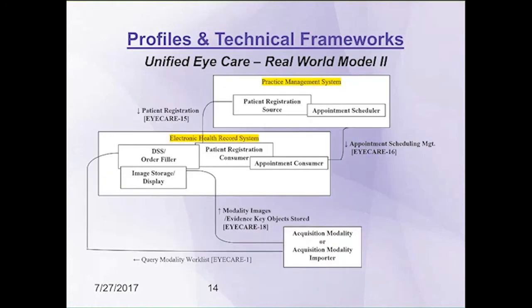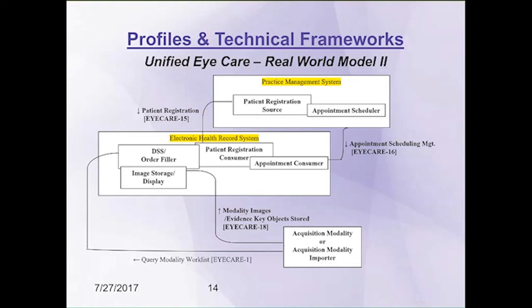Real world model 2, again, the same thing. I'm not going to repeat it all, but you have the various actors, but now there's no PACS. So you see the workflow. And so a key addition to this is an actor on the electronic medical record. So of course it still has to be a patient registration consumer. It has to be the order filler to provide that work list, and optionally it might be an appointment consumer, or excuse me, it might also deal with the posting of charges.